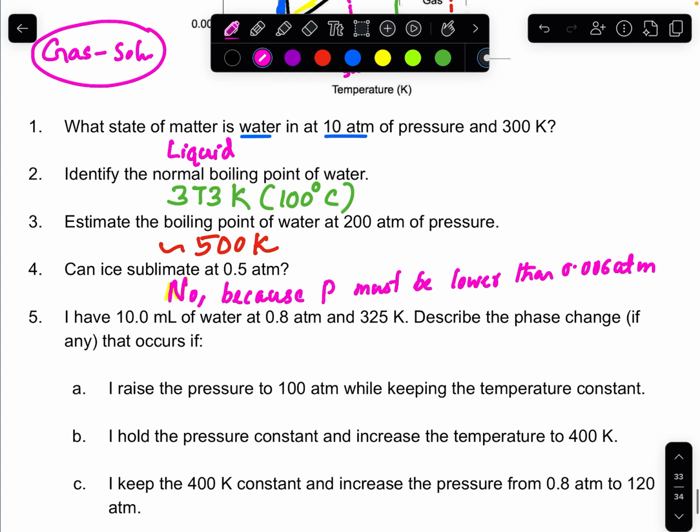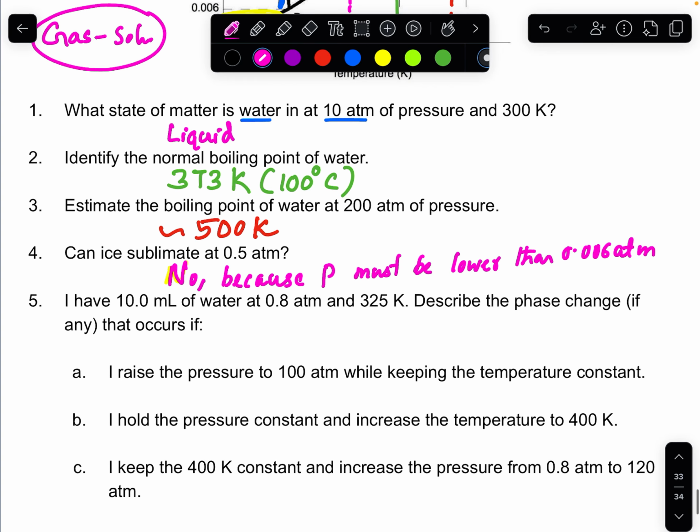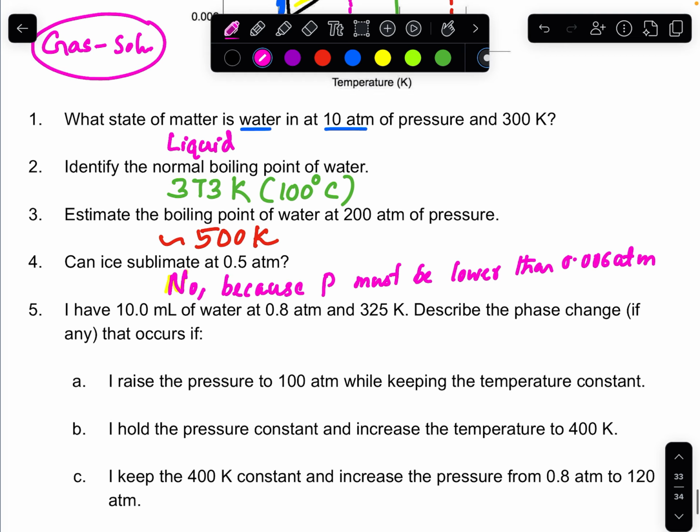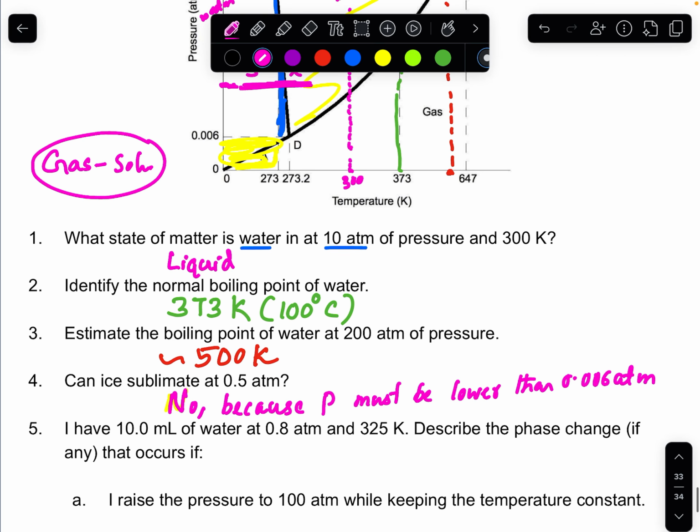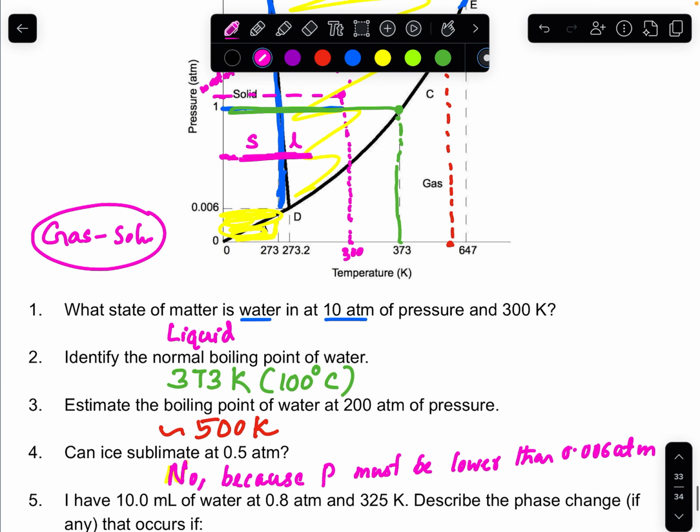If I have 10 ml of water at 0.8 atm and 325 Kelvin, describe the phase changes that occur. So we go to 0.8 atm and 325 Kelvin, that is here.